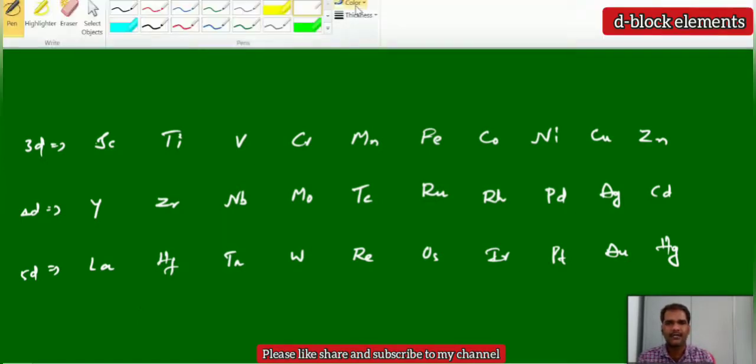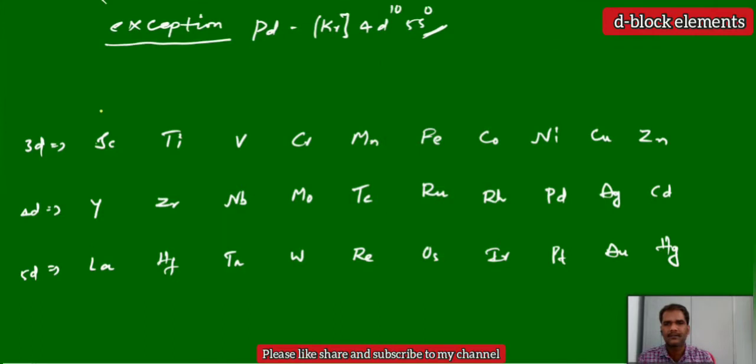If you see their general electronic configuration: scandium has 3d1 4s2, titanium 3d2 4s2, vanadium 3d3 4s2. Chromium we have an exception, that is 3d5 4s1, due to the stable electronic configuration, an abnormal configuration for chromium.